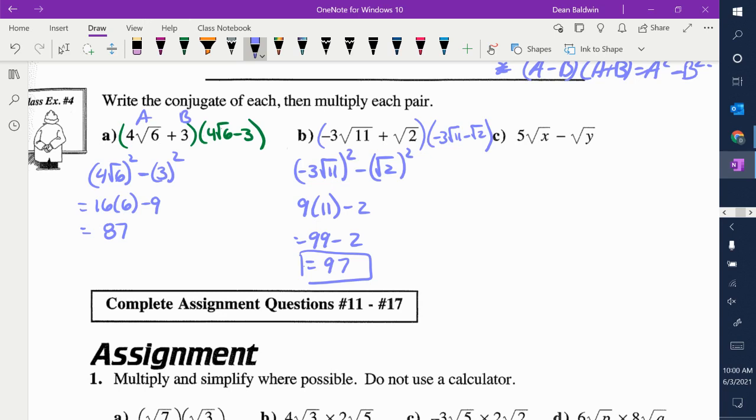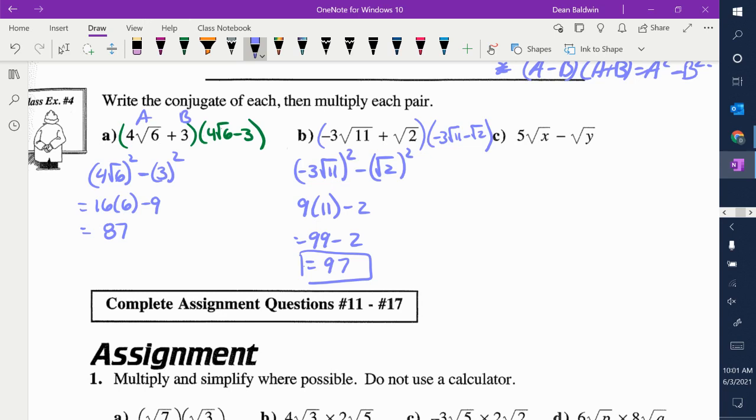Yep. 97? You look confused. People get that? Or find where they made a mistake? Just remember when you square a negative number, negative 3, you get a positive 9. That might be where people went wrong. Okay. All right.